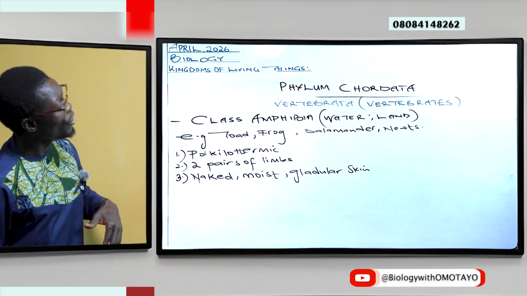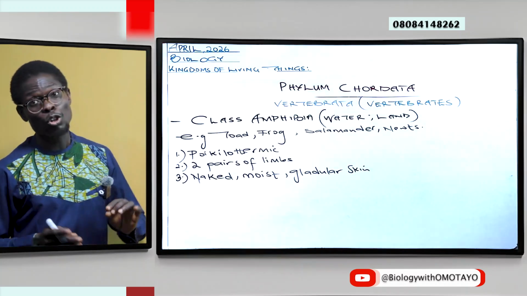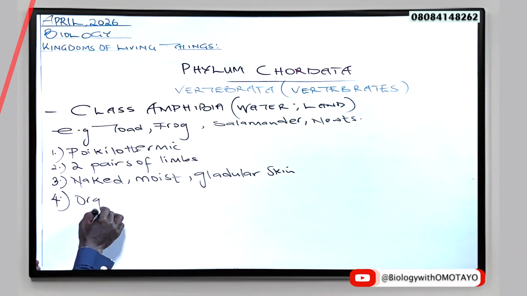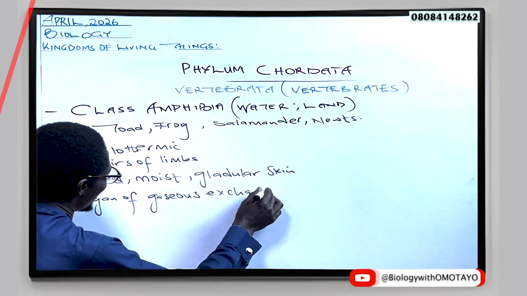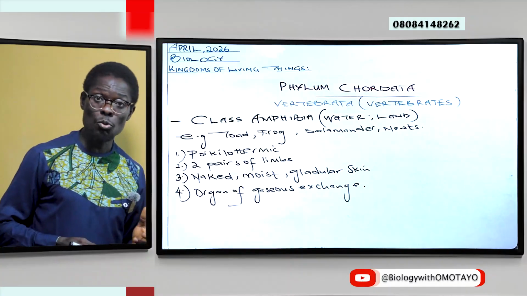Next, we equally have actual gaseous exchange being carried out using differentiated organs. Yes, they have differentiated organs for gaseous exchange. I said earlier that sometimes even the skin can be used.